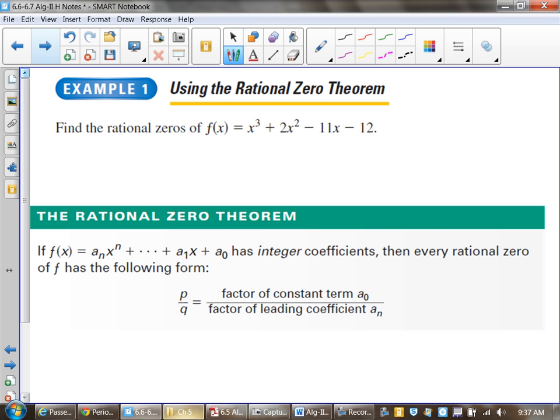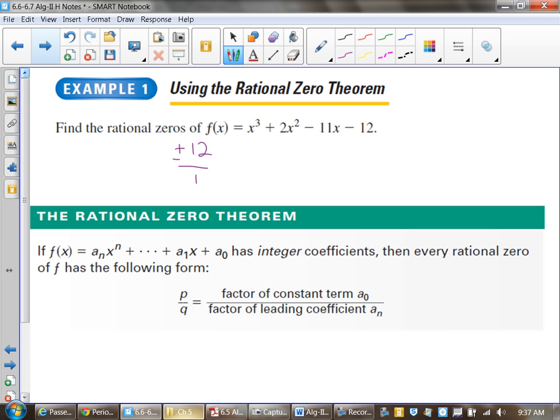The constant, negative 12, divided by the leading term's coefficient. The only thing you have to remember for all of this is that it's always going to be plus and minus. Now, what you're trying to do then is that 12 and 1, you list out all the factors of 12, and you list out all the factors of 1.